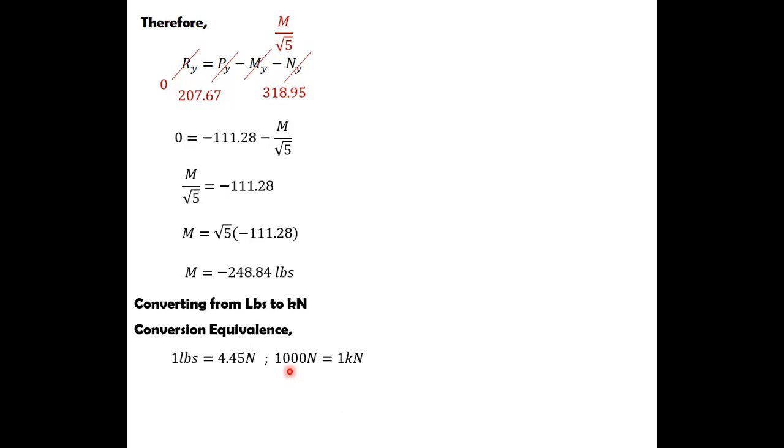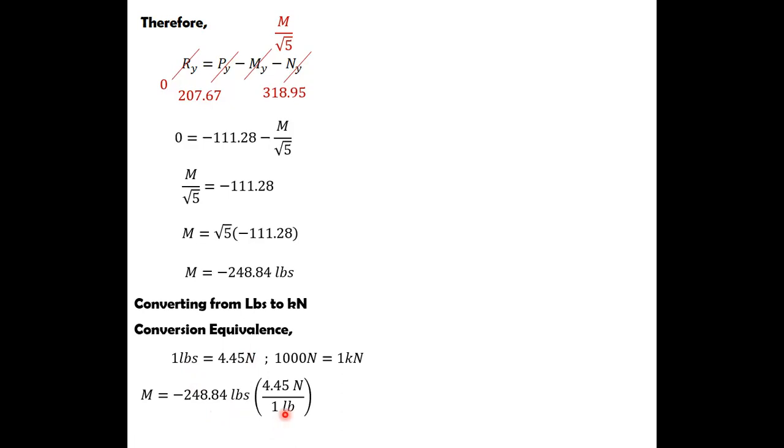Okay, so by using principle of equality, this must be multiplied by the value correlating pounds and the Newton. So that must be multiplied by 4.45 Newton over 1 pound.